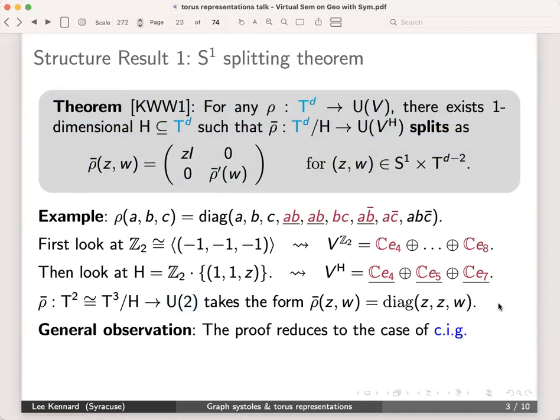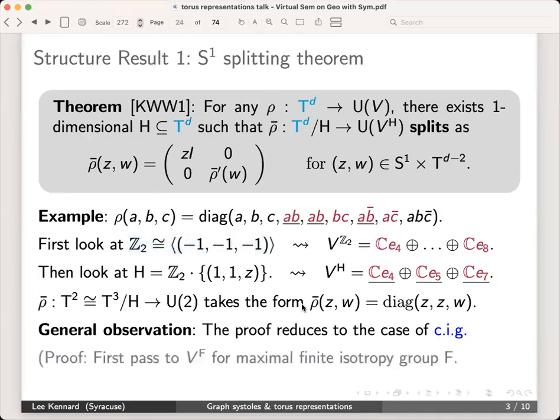The reason I did this example, and I did it specifically in this way, is because it's a general thing that you can use finite subgroups, and specifically finite isotropy groups, to cut down your problem. And specifically, you can use them to cut it all the way down to the case where all isotropy groups are connected. So the idea here is that you take a finite isotropy group and one that's maximal with respect to inclusion.